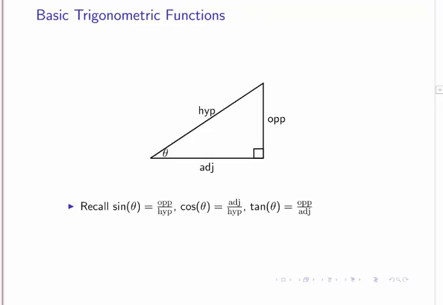This is the basic triangle that we can use to help us understand sine, cosine, and tan. We have an angle here, theta, and the sine of theta is the opposite over the hypotenuse. The cosine of theta is the adjacent over the hypotenuse.